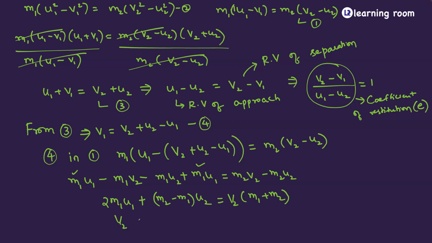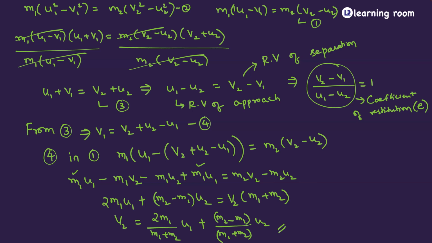You will have V2 is equal to 2 M1 U1 divided by M1 plus M2, plus M2 minus M1 divided by M1 plus M2 into U2.